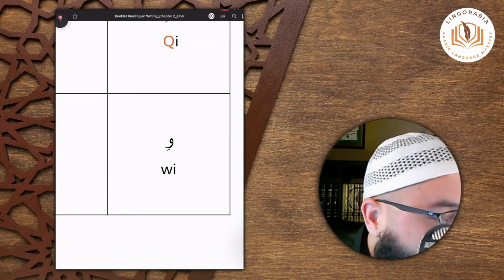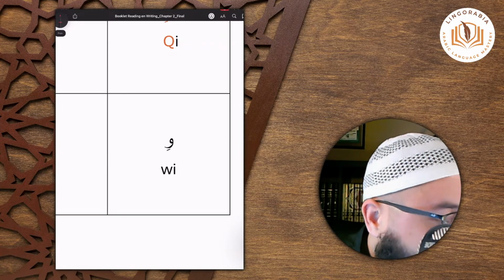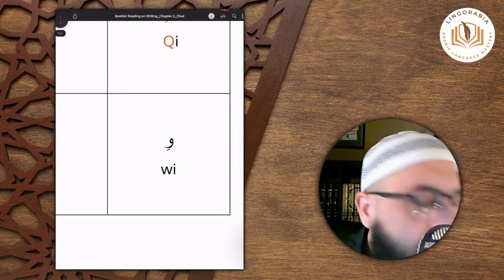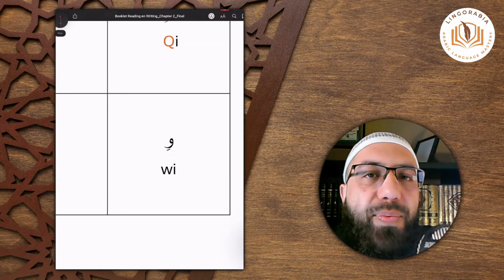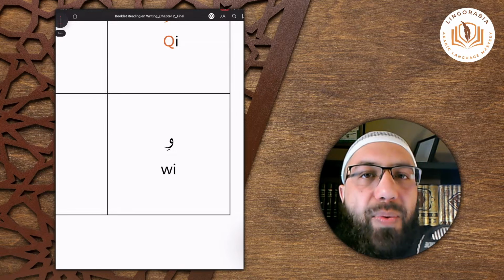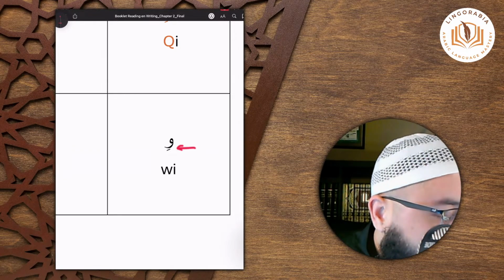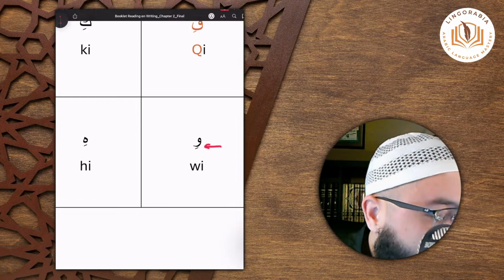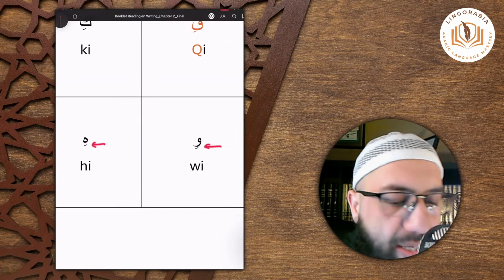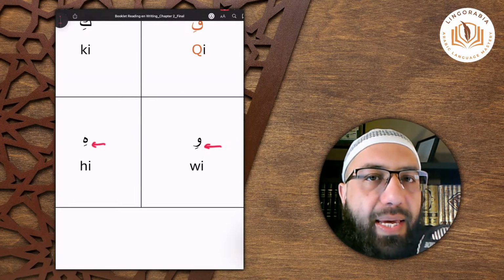So we have the waw with the kasra. It will be "wi". The waw comes from the lips. Then after that we have the ha with the kasra, which becomes "hi".